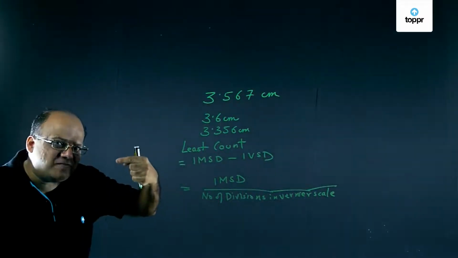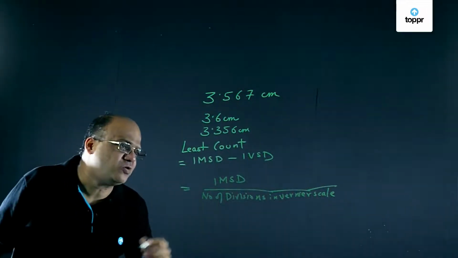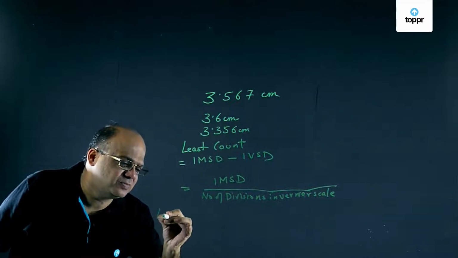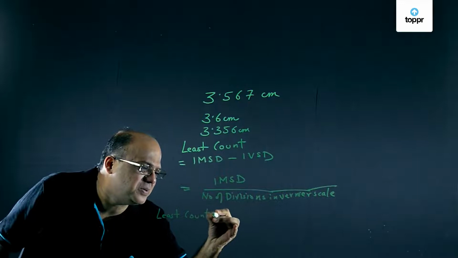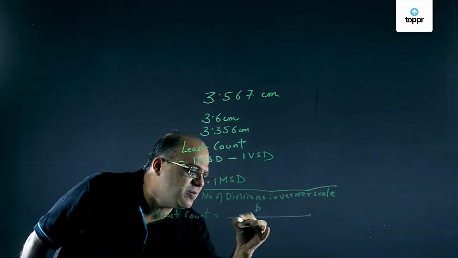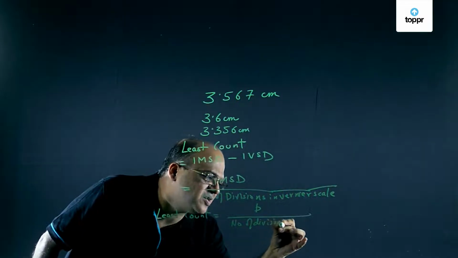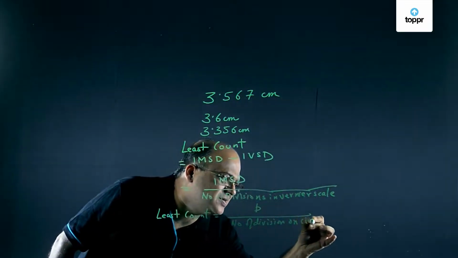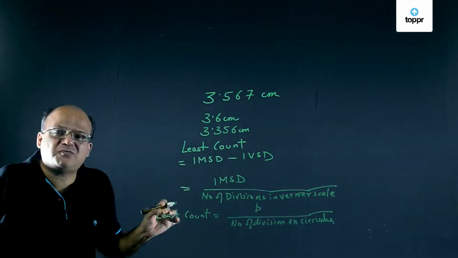That screw will have number of divisions, typically 100 divisions. So least count of a screw gauge will be given by the pitch P divided by number of divisions on circular scale. So this is how we find the least count of a screw gauge.